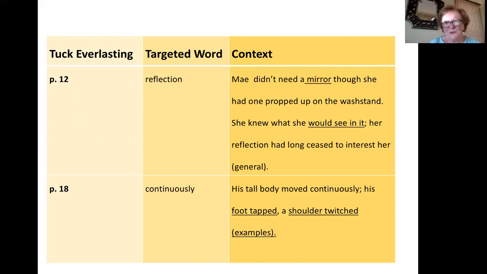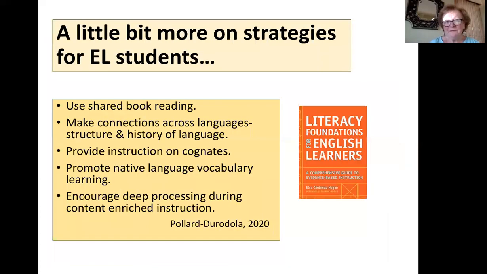You can't always use context clues for everything, but here's two, reflection and continuously, where the clues were right there within the sentence for the student and assisted them in understanding what the meaning of reflection and continuously was.